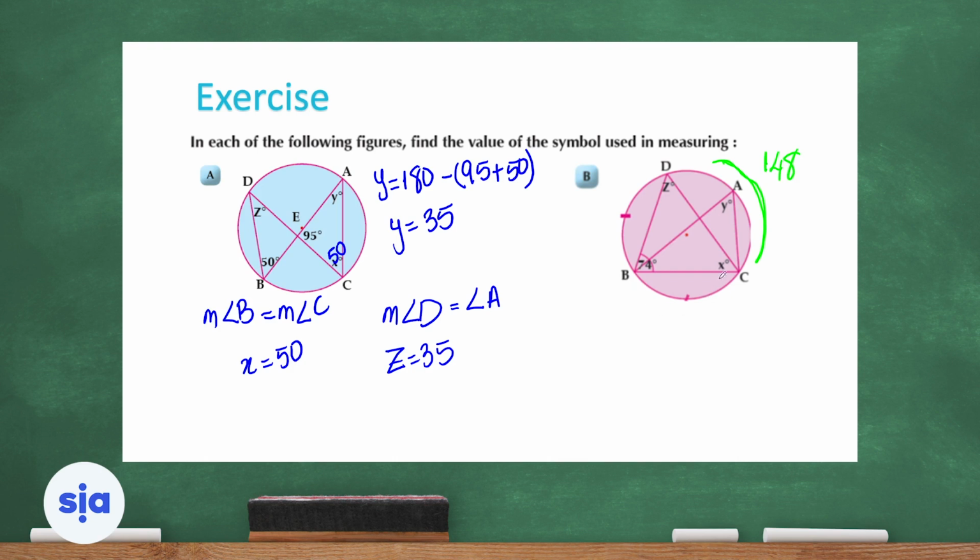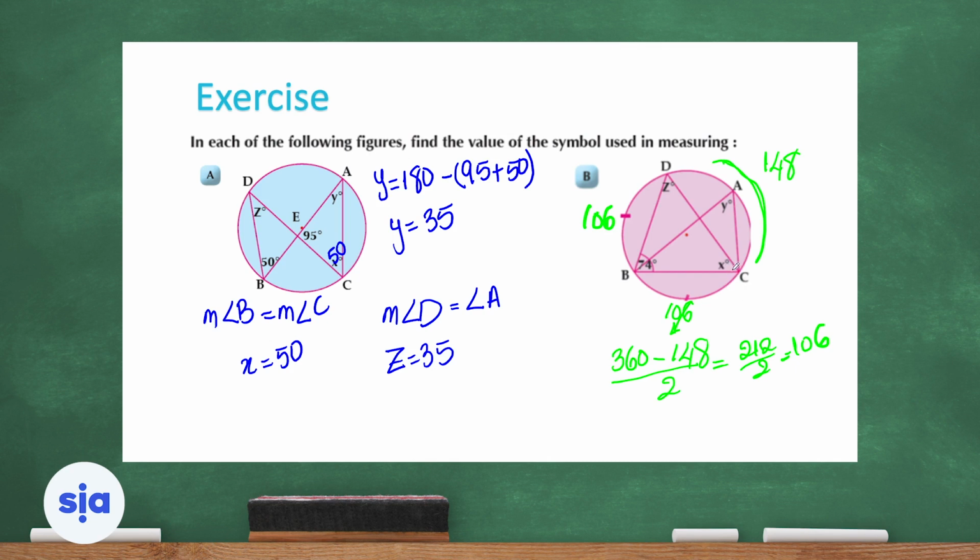So the measure of arc BC and BD are equal to each other, then each of them is 360 minus 148 divided by 2. So if you calculate it here, it will be 212 divided by 2, which is 106 each. So this arc is 106, where this arc is 106.